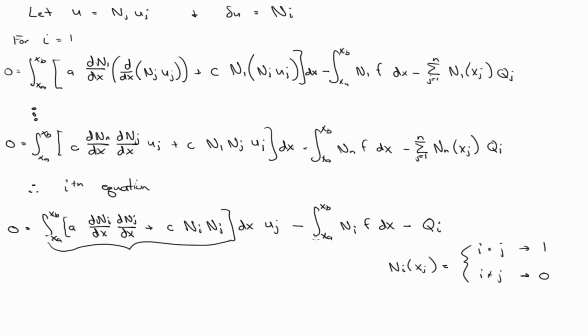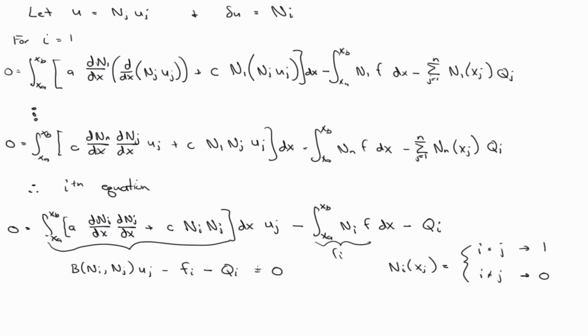So if we look at what these guys are, we're going to give this thing a name. Well, you can clearly see it's just our bilinear operator with the values N_i and N_j plugged in. And then if you call this maybe f_i, so you'd have f_i minus q_i of 0.